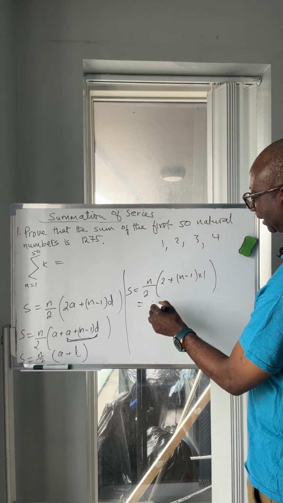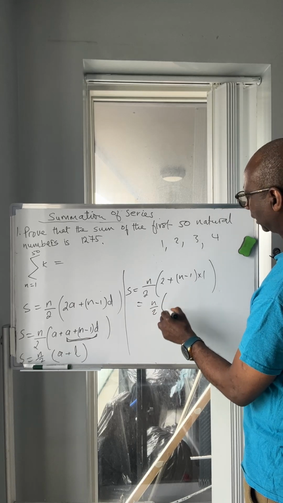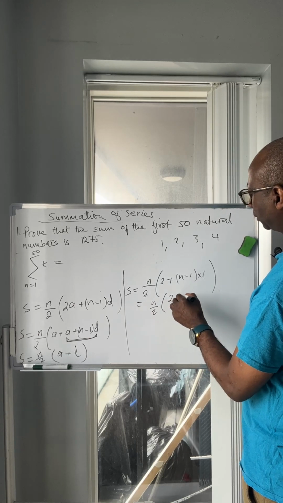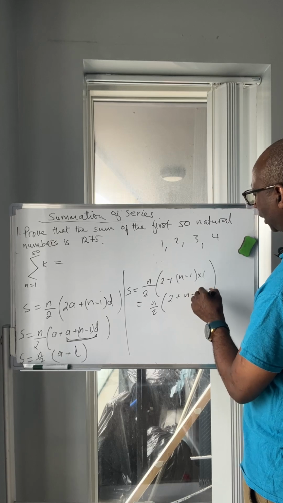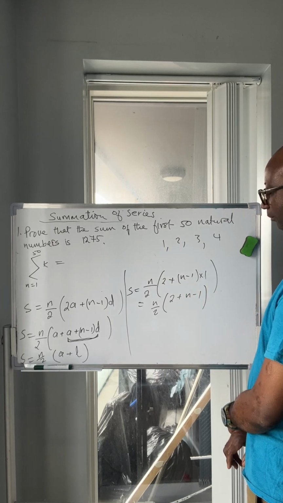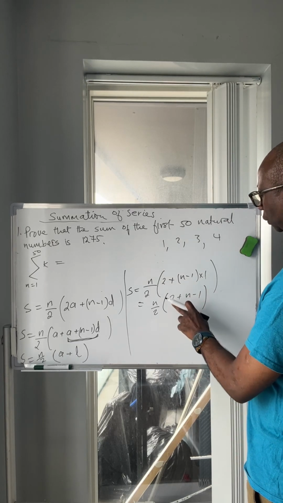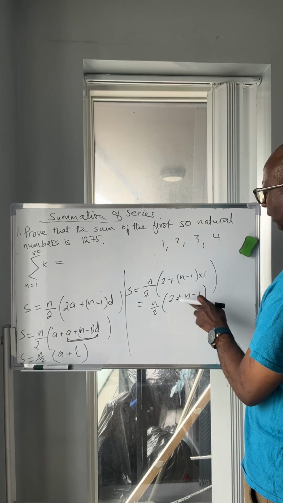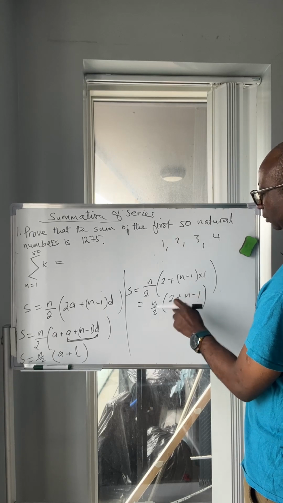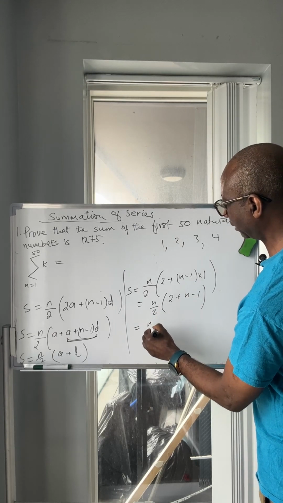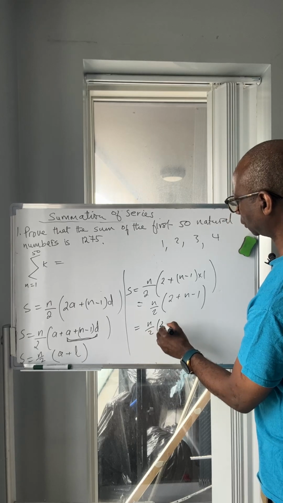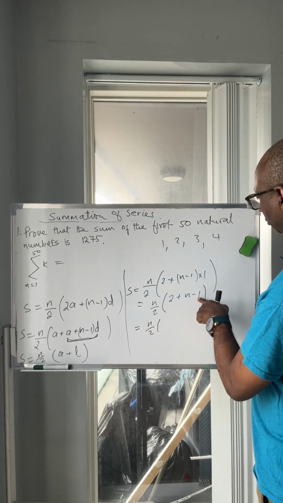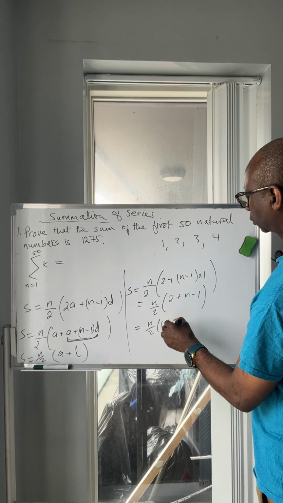So what do we get here? You will get n divided by 2 into 2 plus n minus 1. And so 2 minus 1, you will get 1. So you have n all over 2 into 1 plus n.